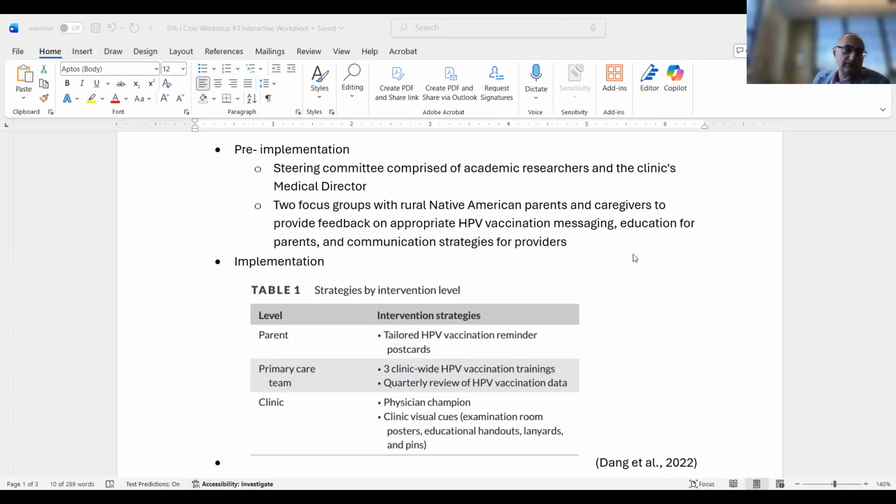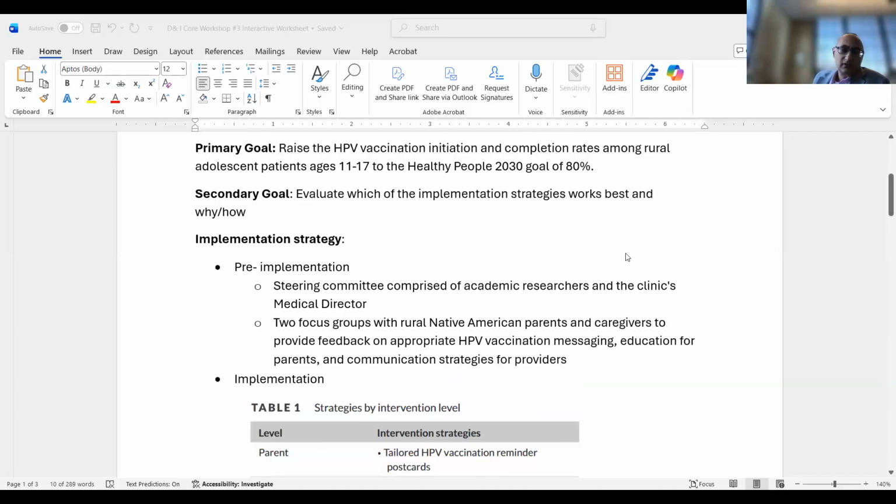I noticed that one of the objectives, or I think it was a secondary objective, was to tease apart which intervention works better. Because sometimes when you have a multi-level intervention, you're trying to test them as a constellation, as a group, right? If you do this whole multi-level intervention with these 4 or 5 things, does it work as one package?